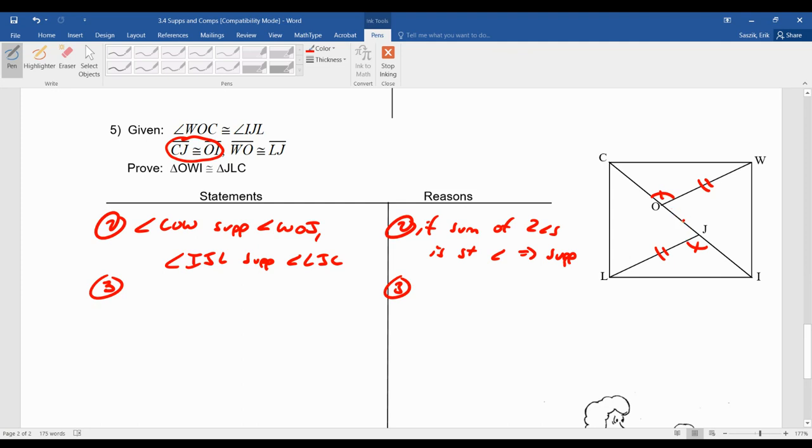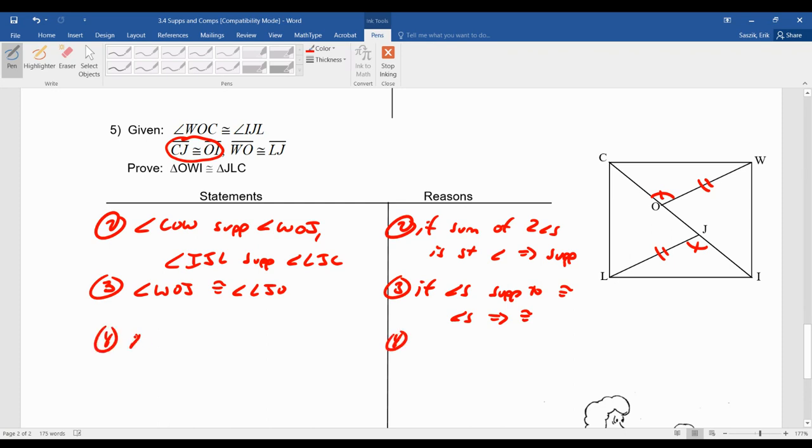That means these inner ones, angle WOJ, must be congruent to angle LJO. I said LJC up here, but it's the same angle. And this is what? If angles sup to congruent angles, then congruent. That's the new thing from today.